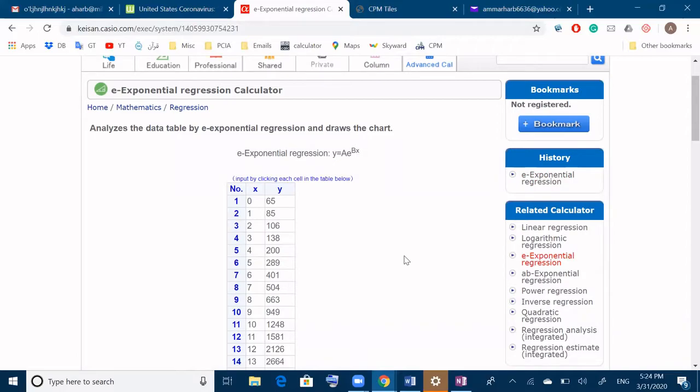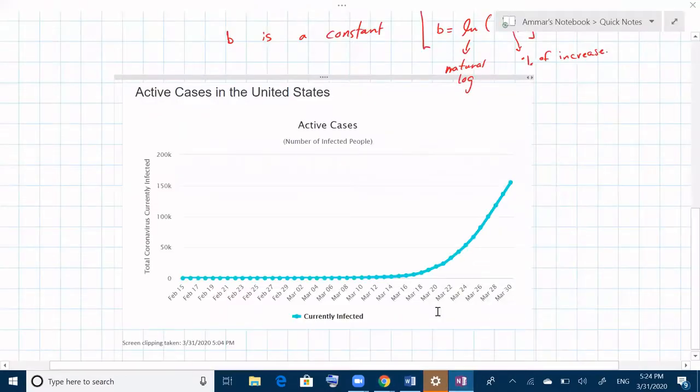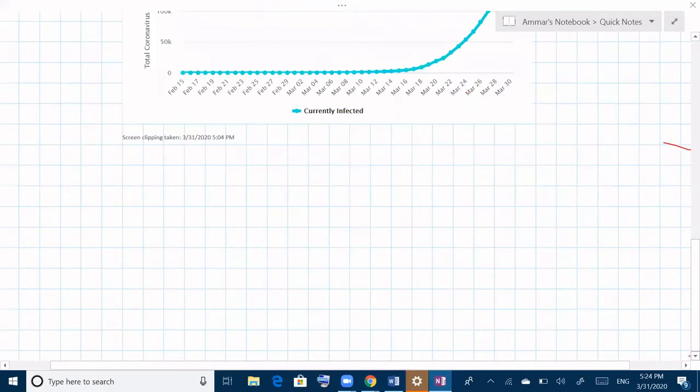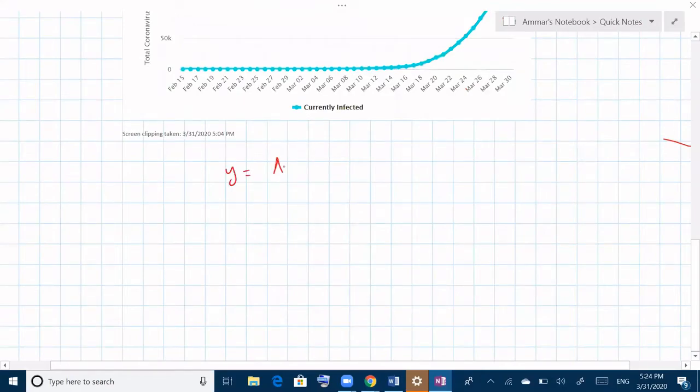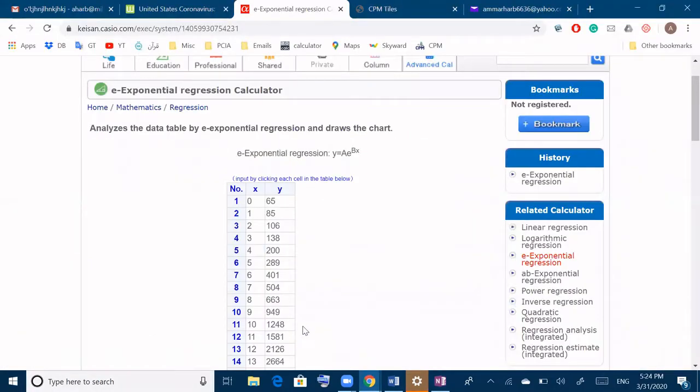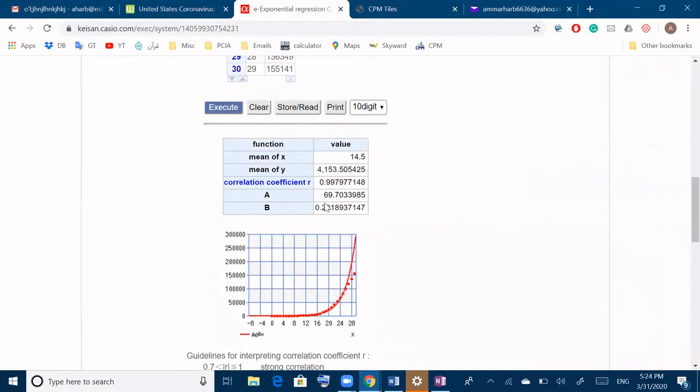So for example, let me do this. We started with Y equals A E to the Bx, and now we know that the value of A is 69.7.